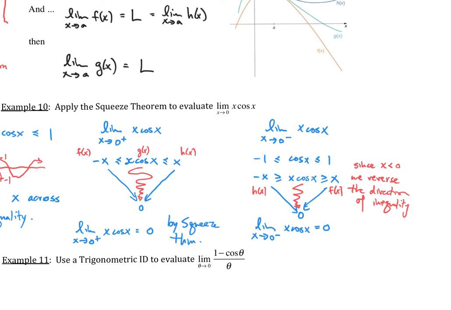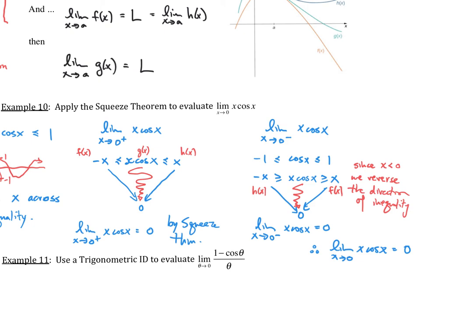So since the limit from the right is equal to the limit from the left, we could say that this means the limit as x goes to 0 of x cosine of x is equal to 0. So I hope this Squeeze theorem example makes sense to you.